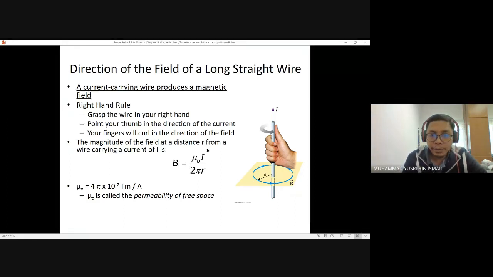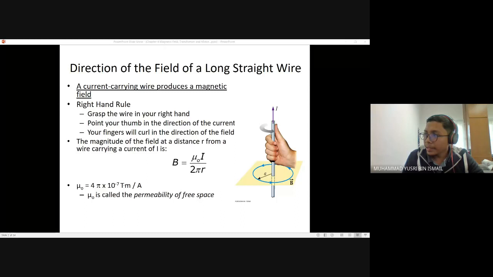Let's say you need to measure the magnetic field somewhere over here, so the R will be from here to R. And then the second type of magnetic field is, wait a moment, I change to the SketchUp.